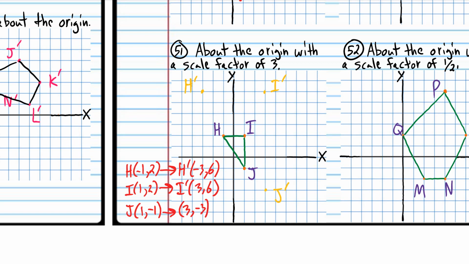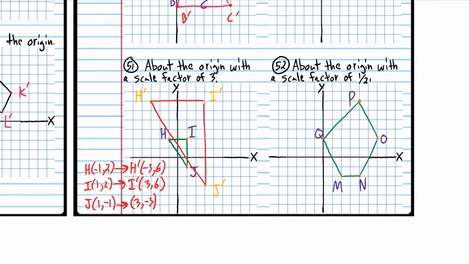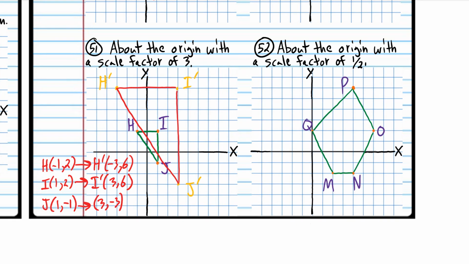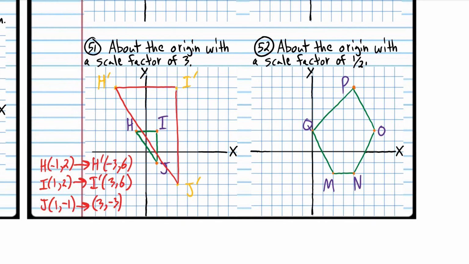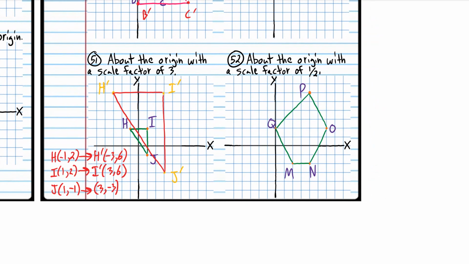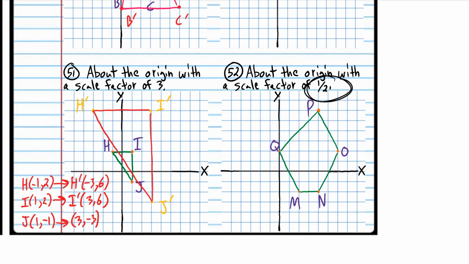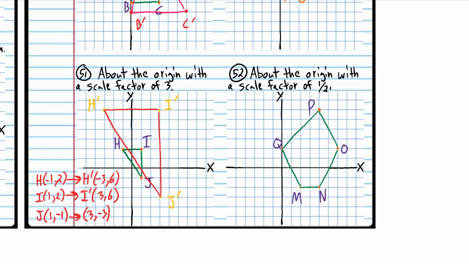And connect those dots. So as you can see, this was an enlargement. We tripled the size of that triangle. So if you got something like that, good job. All right, we have one more problem today. This is going to be a reduction because it's 1/2. So go ahead and attempt 52, and when you come back, we'll do it together.